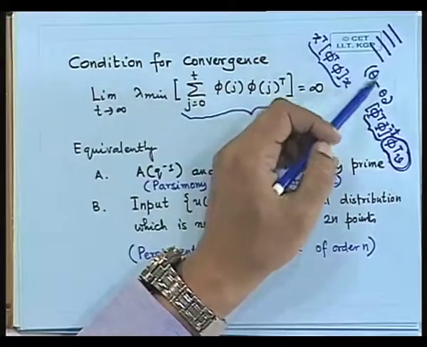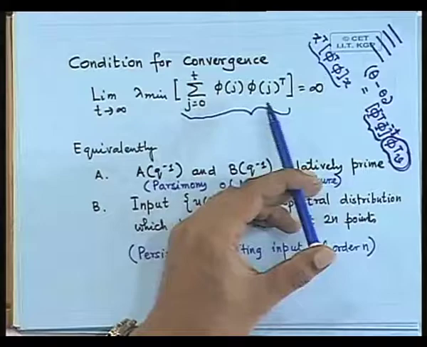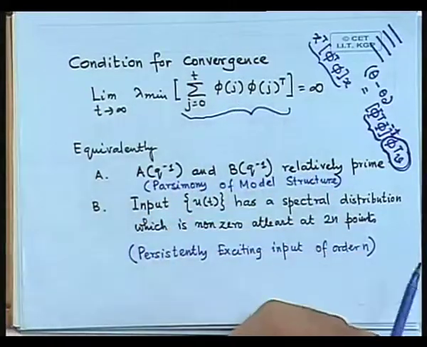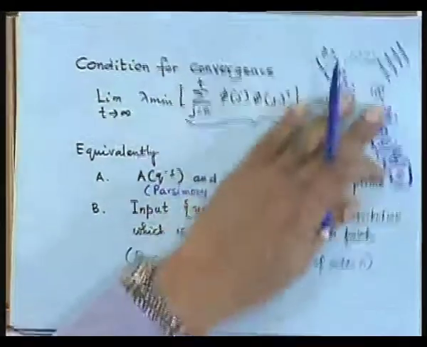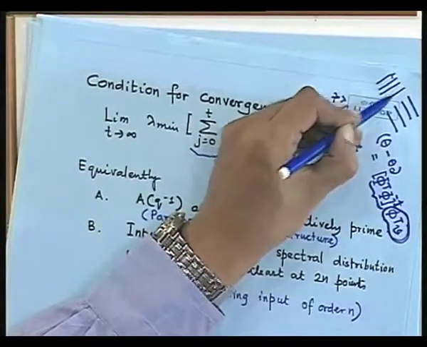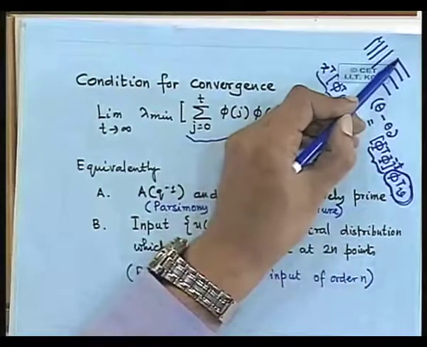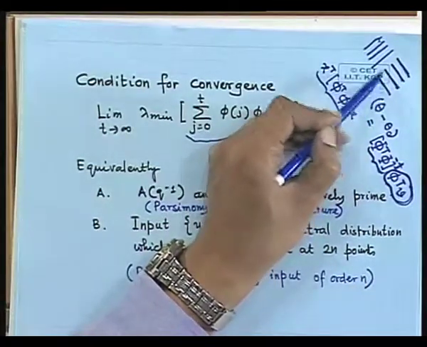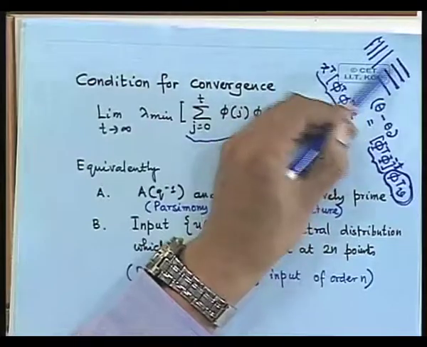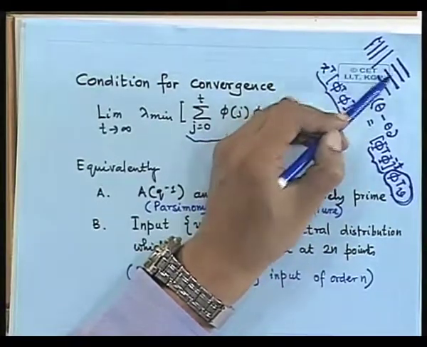So when you take phi transpose phi, you get this sum basically, because this is your capital phi transpose and this is your phi. Each one of them are small phi transposes. So you have phi 1 transpose, phi 2 transpose, phi 3 transpose, and so on.